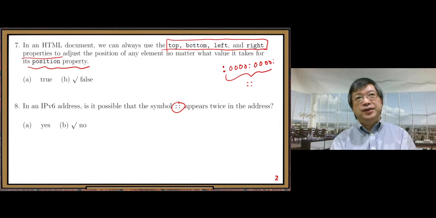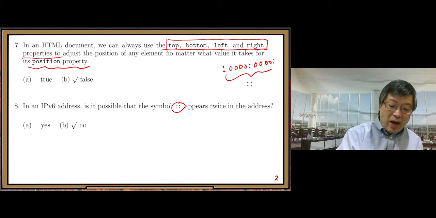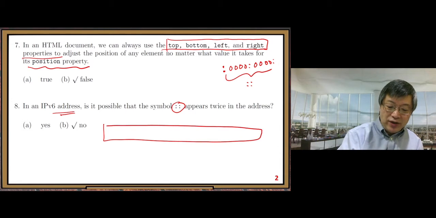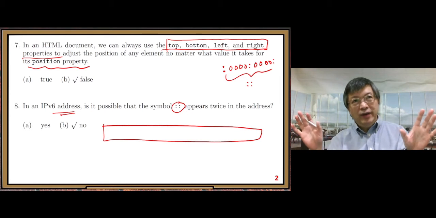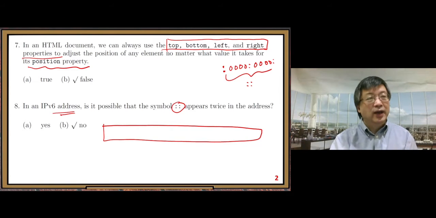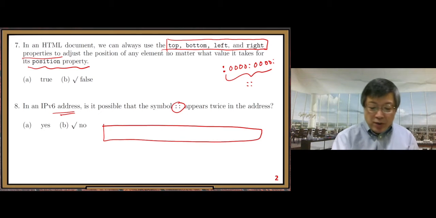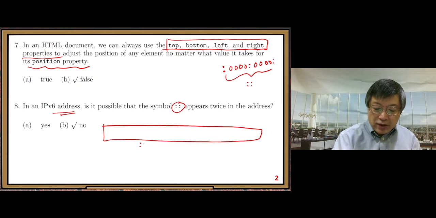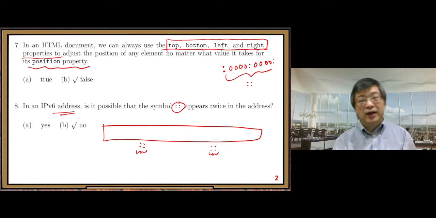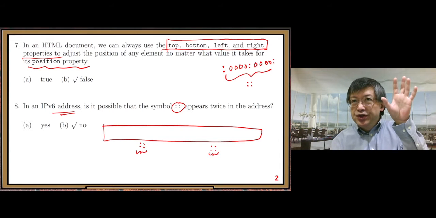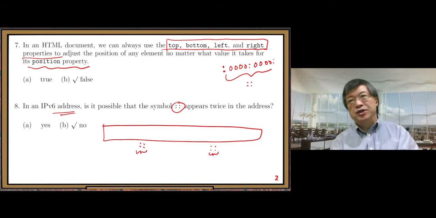So now our IPv6 address, remember, is a pretty long string with so many blocks. So the question is: is it possible to get a double colon in one place and another double colon in another place? You need to use the rule to answer this question.